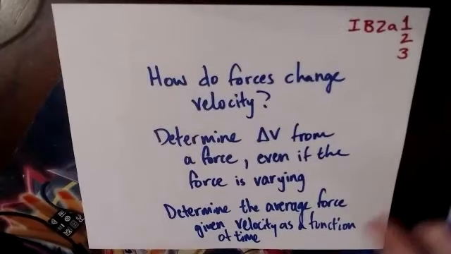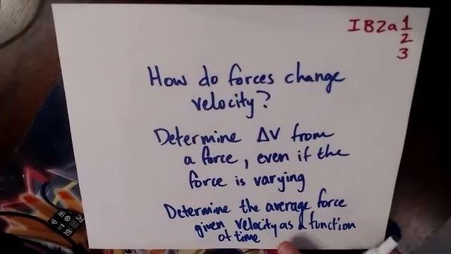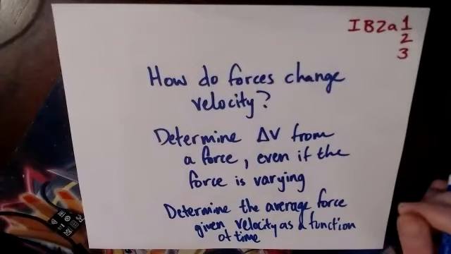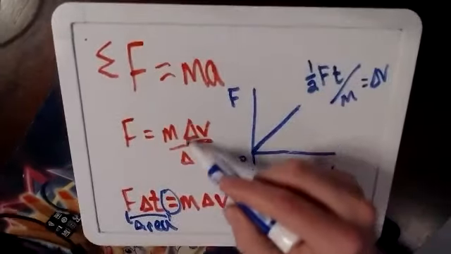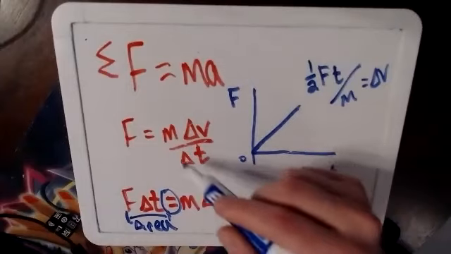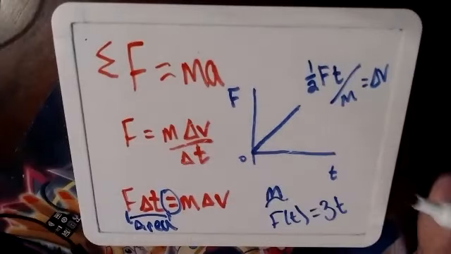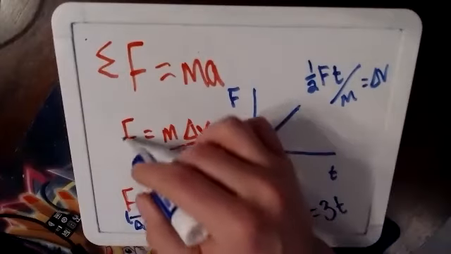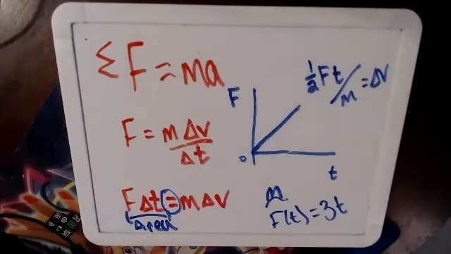Oh, you just do this in reverse. So if I was given the velocity as a function of time, I could talk about the delta V. Basically, I'd know this information. So I just need to multiply that times mass to get the average amount of force. So that's that. What do I have next?